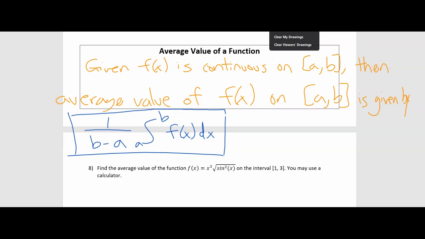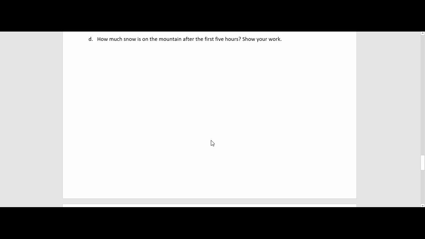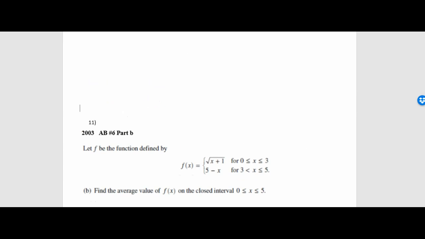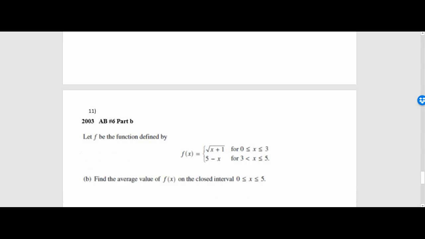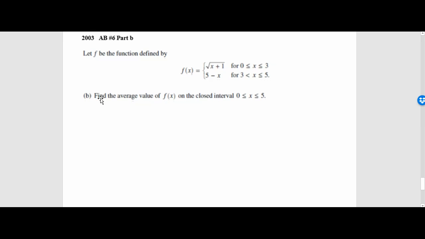Okay, to close out this video, we're not going to go through these easier examples to practice, but we are going to look at the very last question on here. It's a practice AP FRQ. Let me just put this by itself. Okay, so a question from the 2003 AP AB exam.